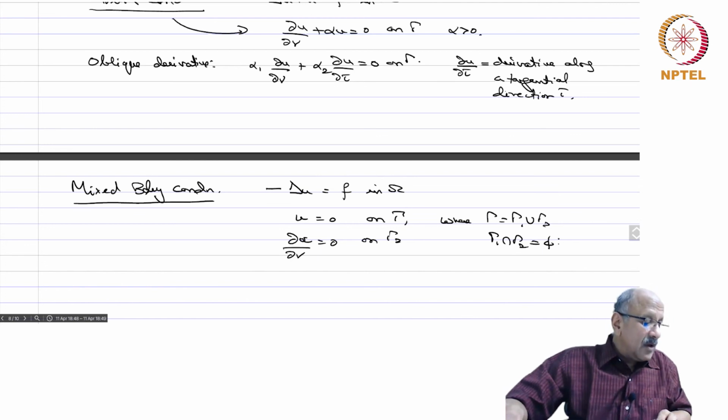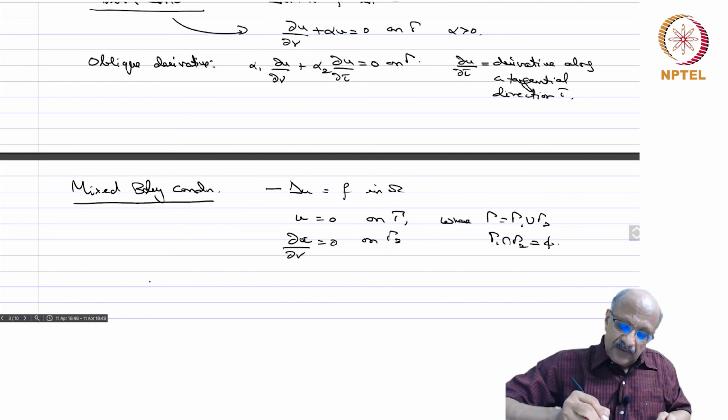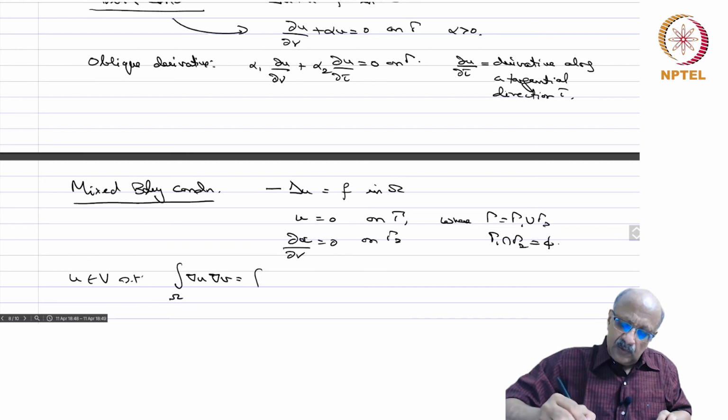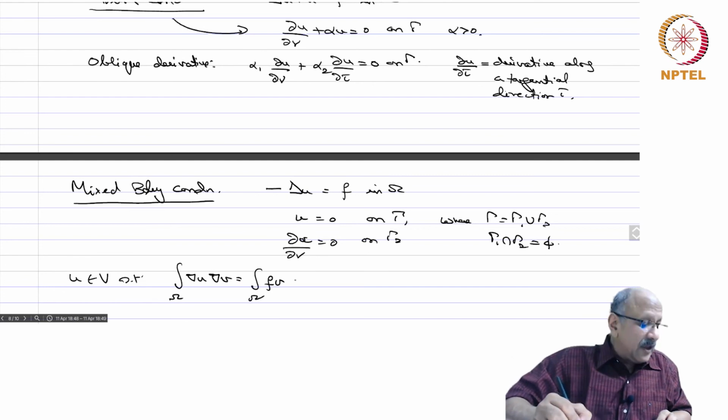Now in this case the weak formulation would be: find u in V such that the integral on omega of grad u grad v equals the integral on omega of fv.